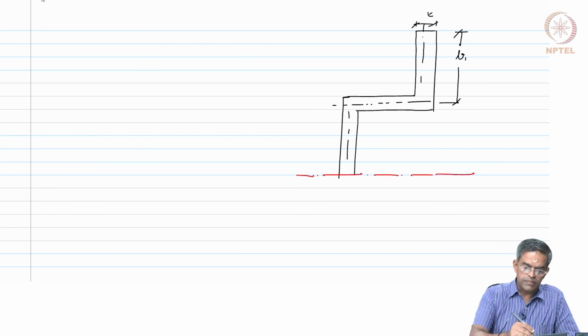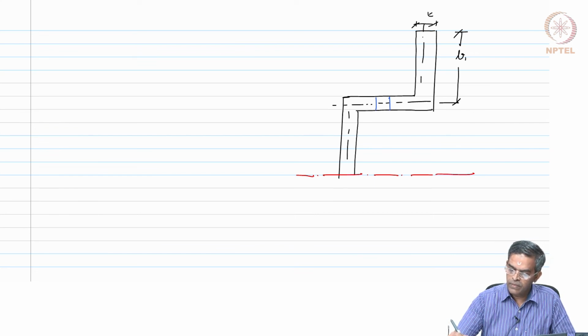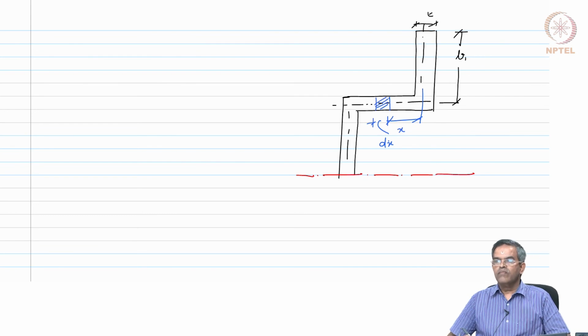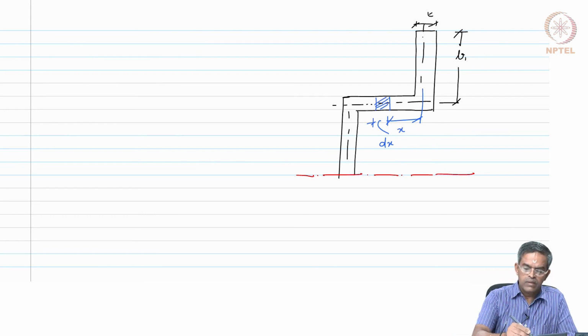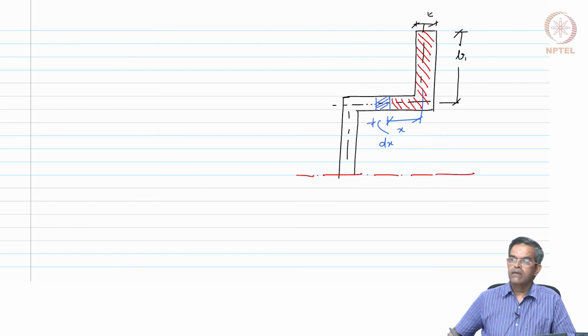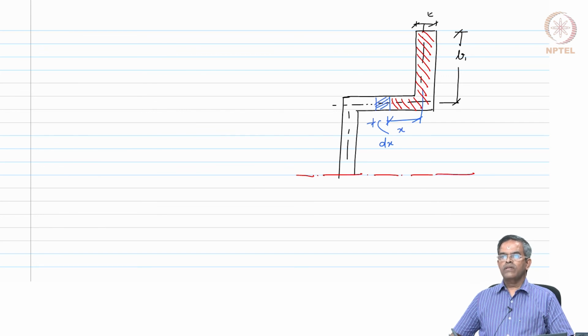I will cut a strip here at a distance x from here and let the thickness be dx. Let us hatch this portion. And I want to find the CG of this. That is what we want to find.